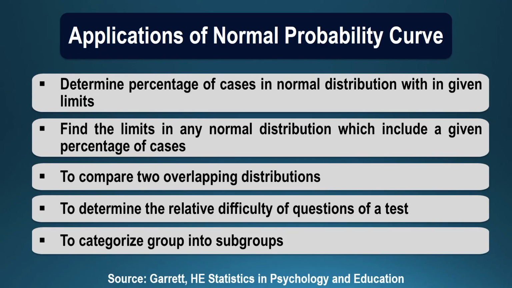If you have the mean and the standard deviation, you can find out how many students need to be given grade A, how many need to be given grade B, or how many can be given grade C. If you want to categorize your students on the basis of performance in 3 categories, then you can use normal probability curve to decide the number of students who will get A, B, and C grade. So these are some of the applications of normal probability curve.